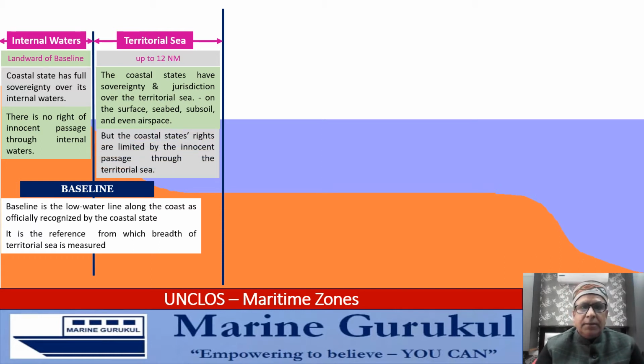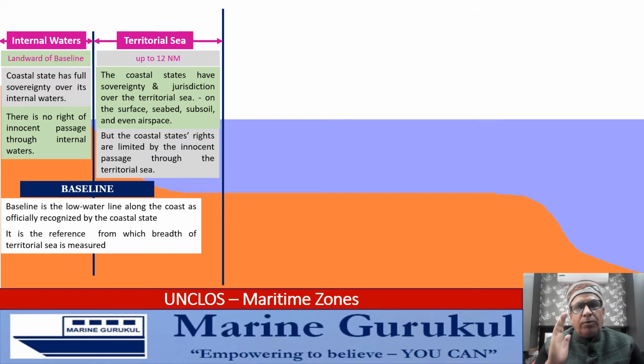What does it mean? Coastal states' rights over the territorial seas are limited by the right of innocent passage, which is enjoyed by other states through their territorial sea, and also the right of transit passage through international straits if they happen to fall within the territorial sea of a coastal state.